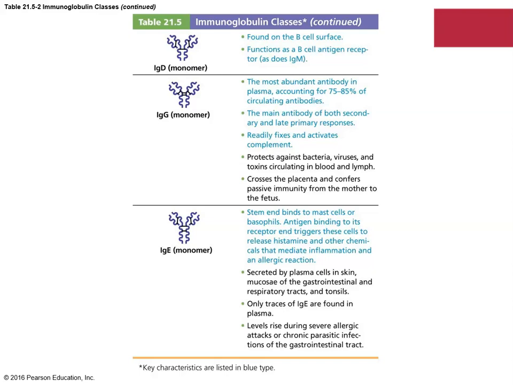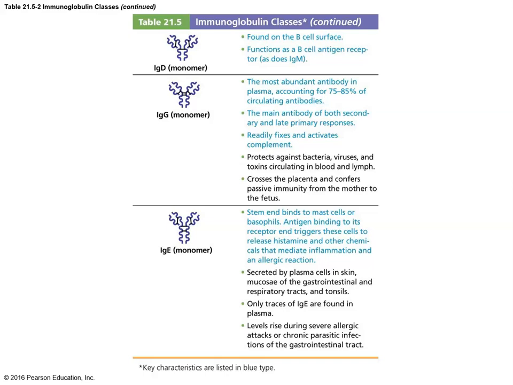If you find a lot of IgG present, like we found with IgM, which suggested a primary response, IgG suggests either a secondary response or that it's very late in the primary response. It's also going to be involved in the complement system, but more of a wrapping things up or doing things much more aggressively the second time around.